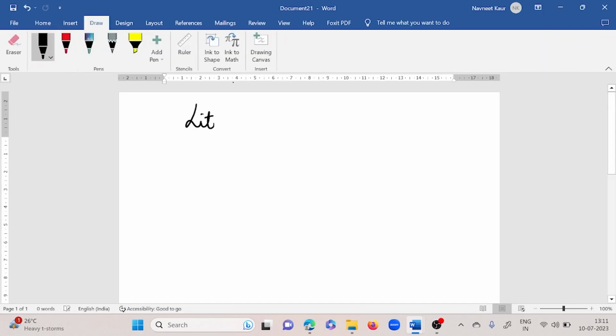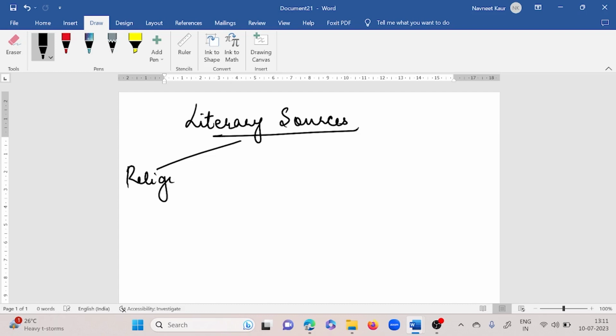Let's come to literary sources. In the literary sources, we'll study religious literature. We'll also study secular literature.